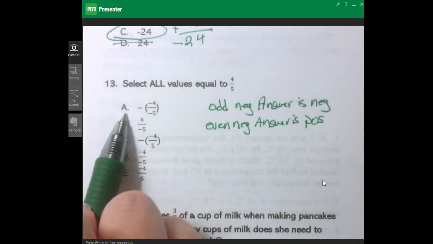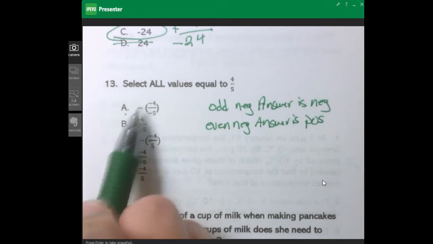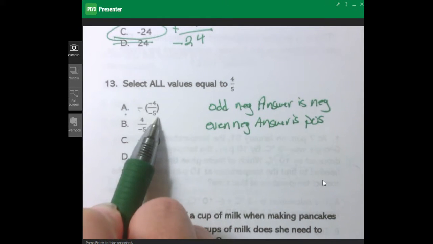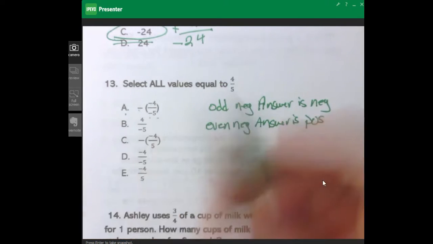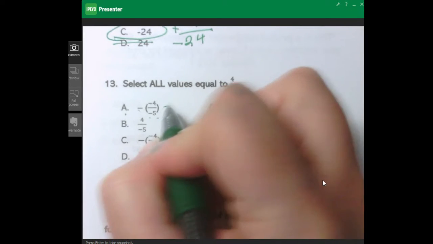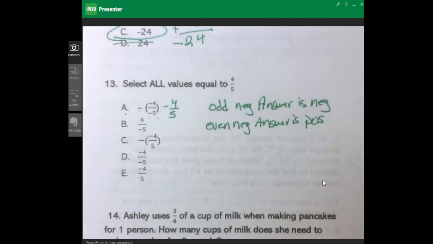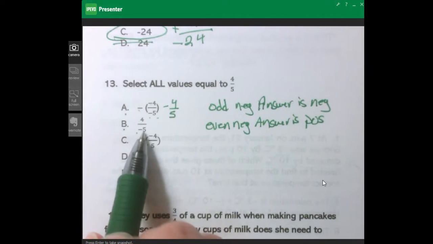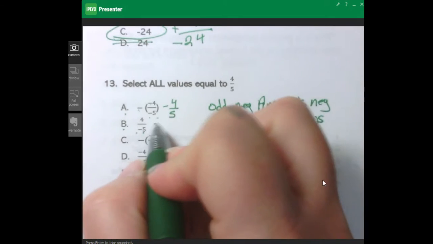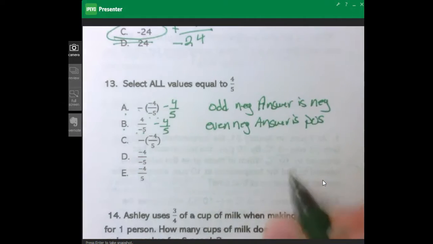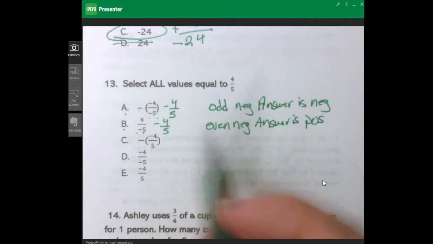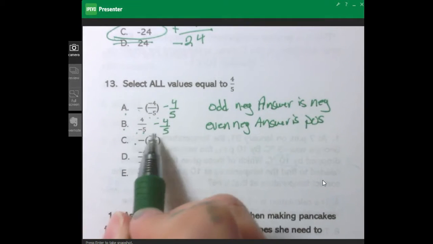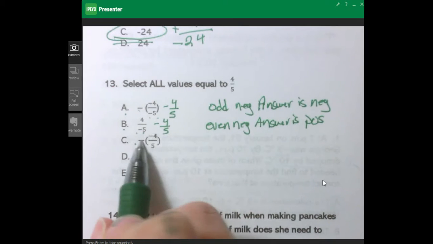Well, for A, how many negatives do we have? 1, 2, 3. These are 3 negatives. So this is equal to just negative 4/5, which is not positive 4/5. B, 4 over negative 5. This is 1 negative. Again, this is still equal to negative 4/5. I have a negative and a negative. 2 negatives, not 3, just 2.